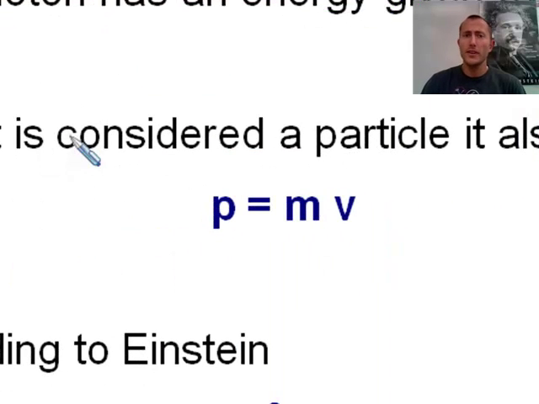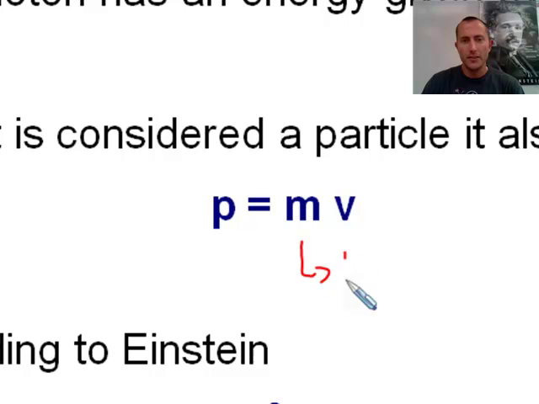But if we're really going to consider light a particle, we have to consider its momentum, because moving particles have momentum. And the equation for momentum is given by mass times velocity. So p, which is momentum, is equal to the mass of the particle, m, times its velocity, its speed in meters per second.